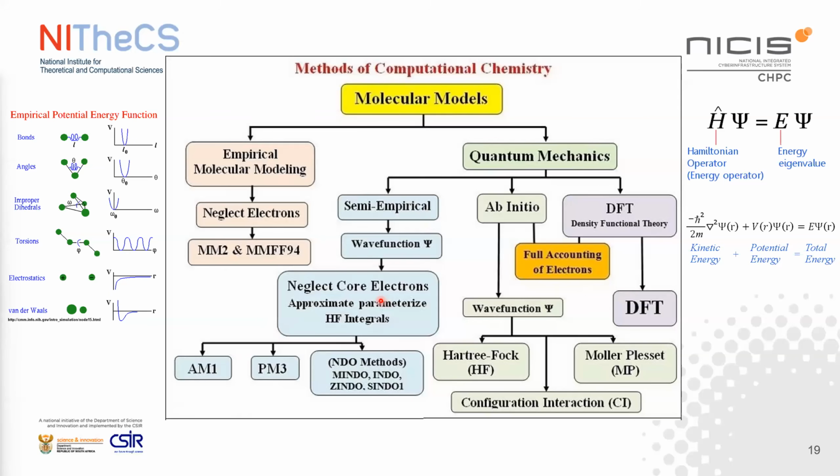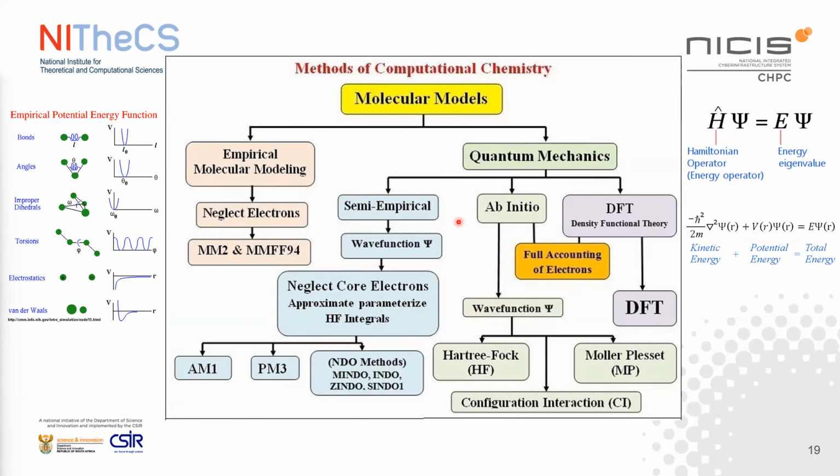So you're still solving the wave function, but you're neglecting some of the electron correlations so that you can actually get these different methods. And the problem with this is that it's usually very specific to the class of ligands or class of molecules you parameterize for. So if you don't have a certain thing in your parameter set and you want to model something outside that parameter set, this is probably not going to do the job.